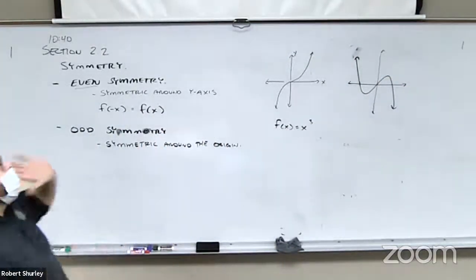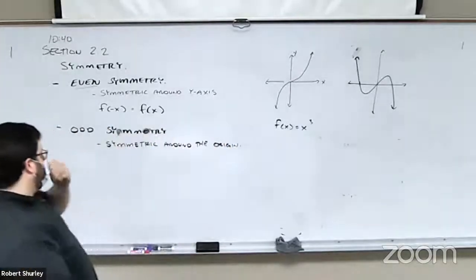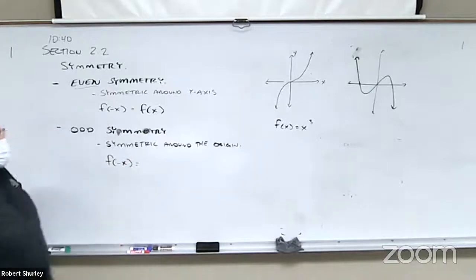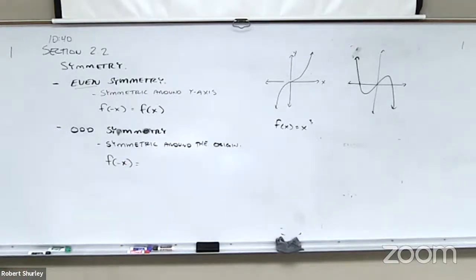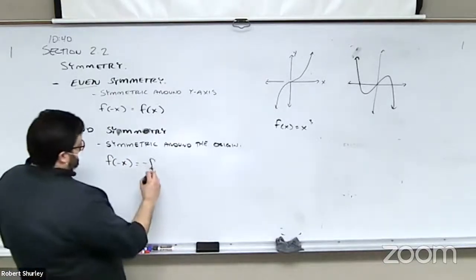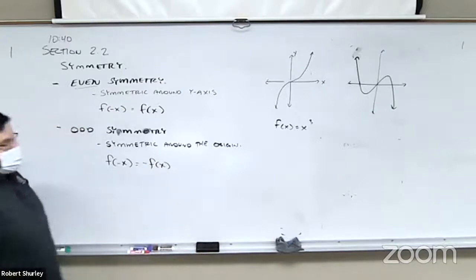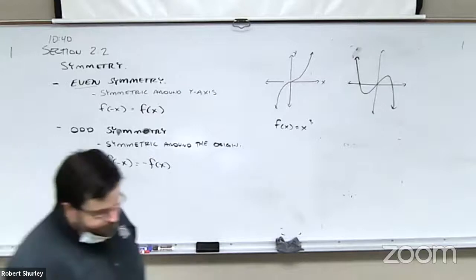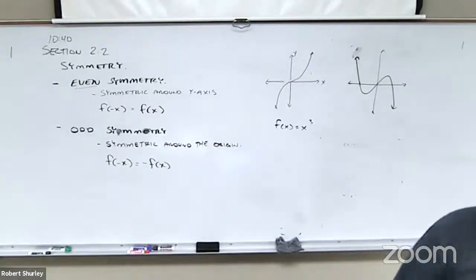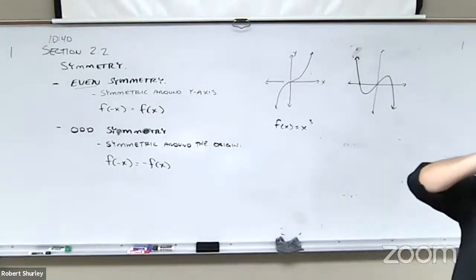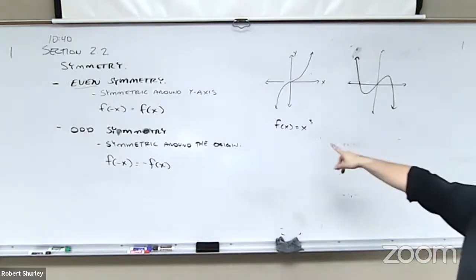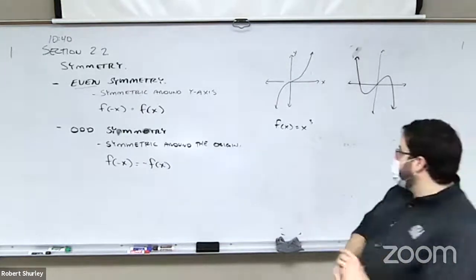Okay, so let's go back to f of x equals x cubed. Now, look, if you plug in negative x, you don't get back the same function. You get back the negated original function. So let's do that with the basic example of f of x.